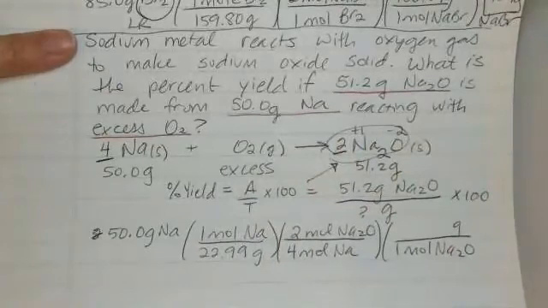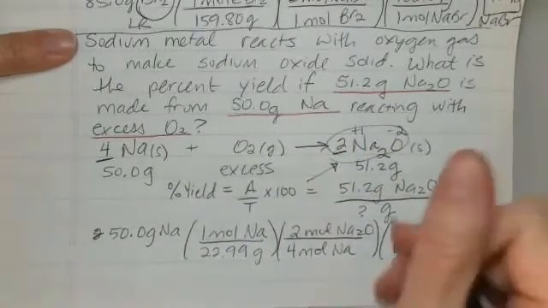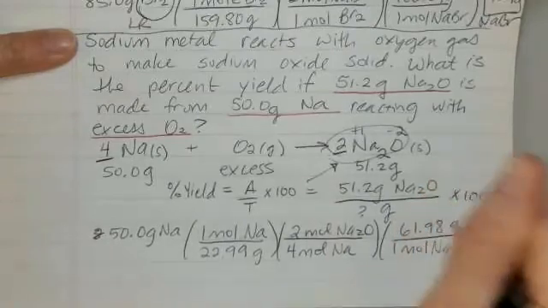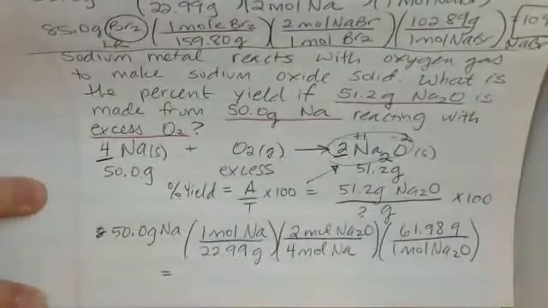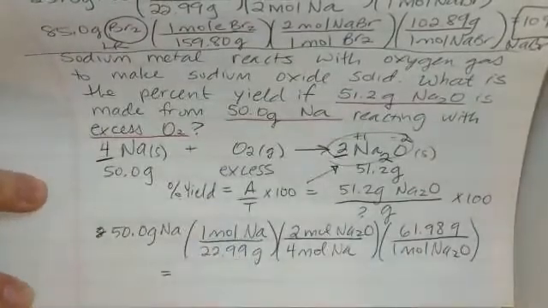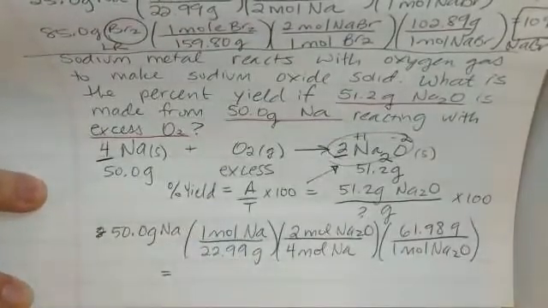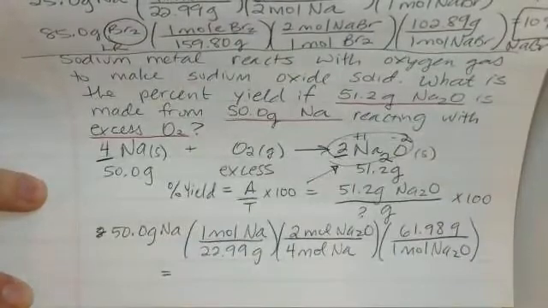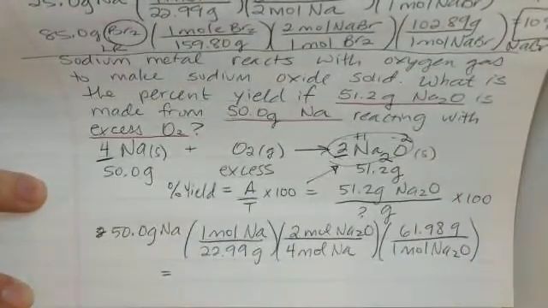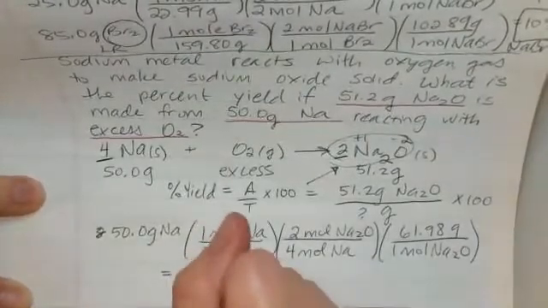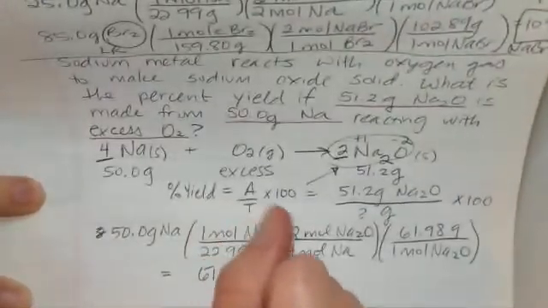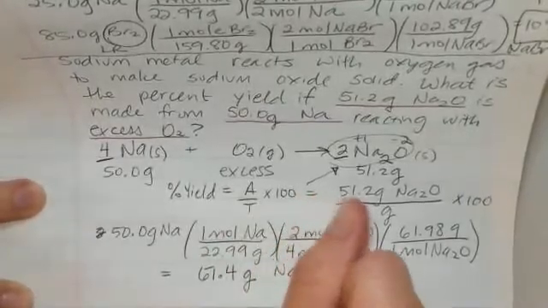So I would take the 22.99 twice for the sodium, add it to the oxygen, and I get 61.98 grams for the molar mass of sodium oxide. So when I take my 50, divide by 22.99, times 2 divided by 4, and then times 61.98, I get 67.4 grams of sodium oxide.